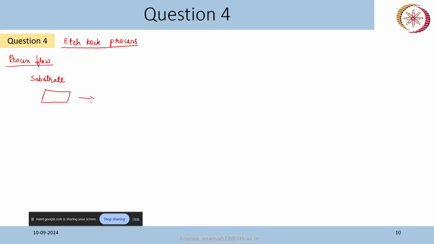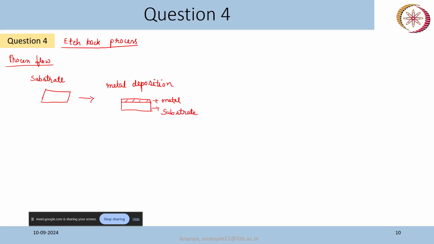Next step is metal deposition. This is metal, this is your substrate.